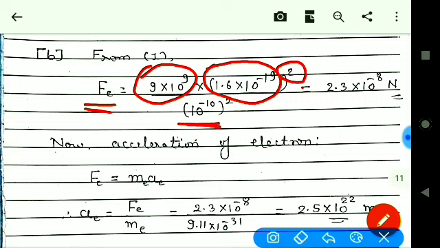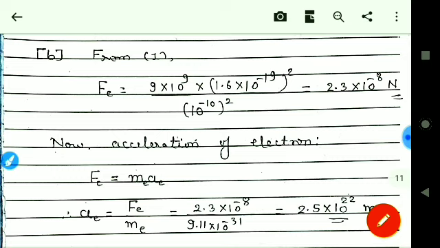R is 1 angstrom and 1 angstrom is 10 raised to minus 10, so r square. After calculation, we will get the force between this electron and a proton as 2.3 into 10 raised to minus 8 Newton.